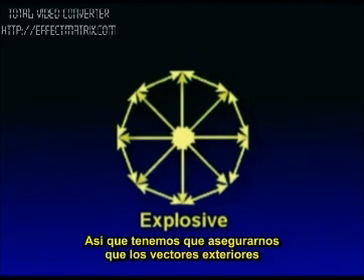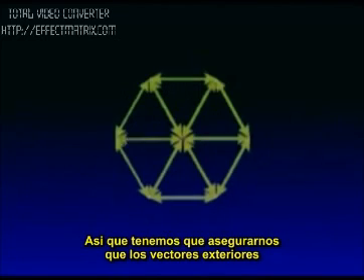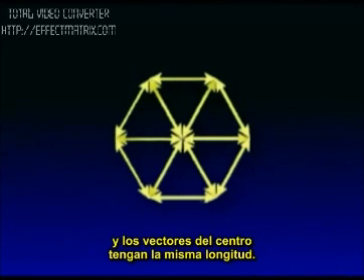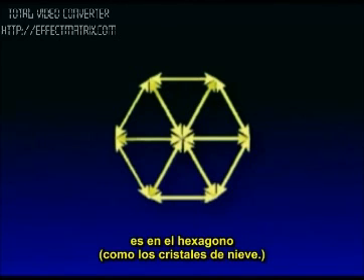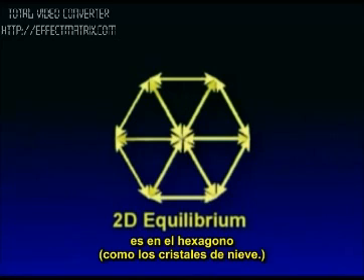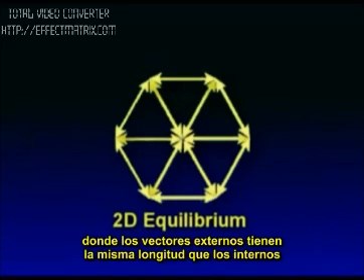So what would happen is that you would have to make sure that the geometry's edge vectors and vectors to the center are the same length. And the only geometry in which that happens is, like the snow crystals, the hexagon, where the edge vectors are the exact same length as the vectors to the center.